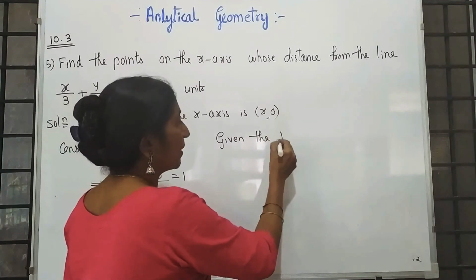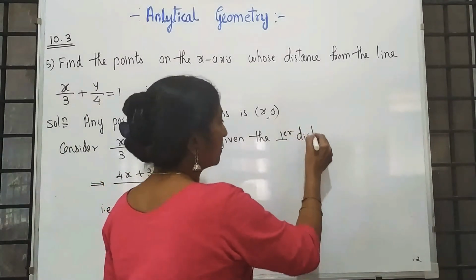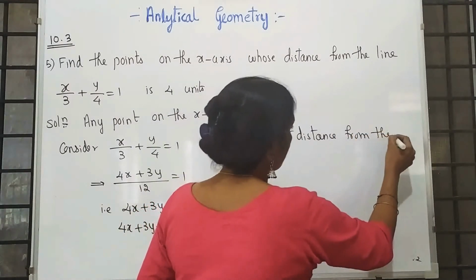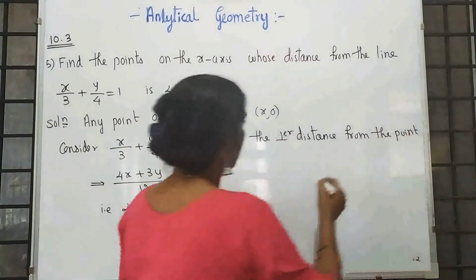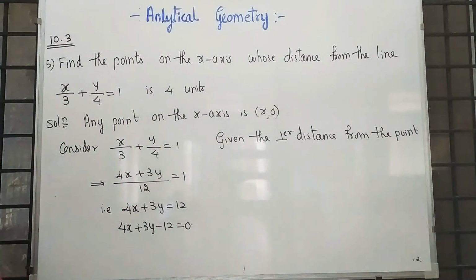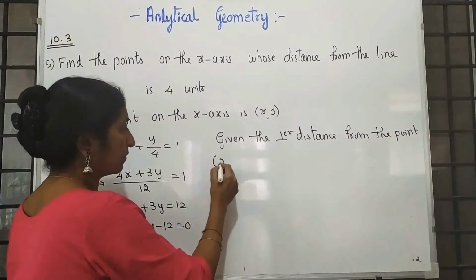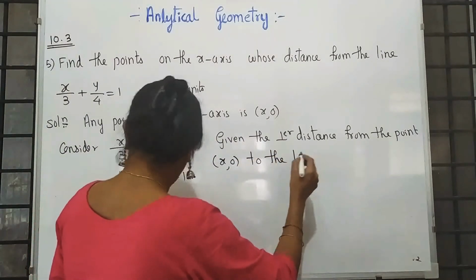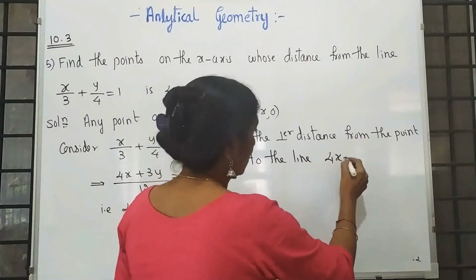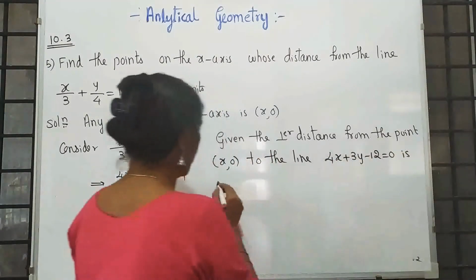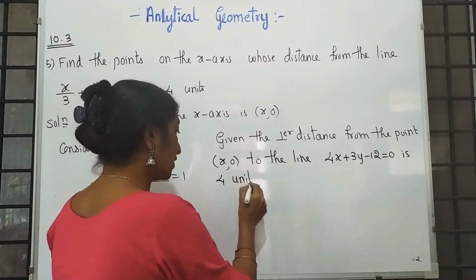Given the perpendicular distance from the point x, 0 to the line 4x plus 3y minus 12 is equal to 0 is 4 units.